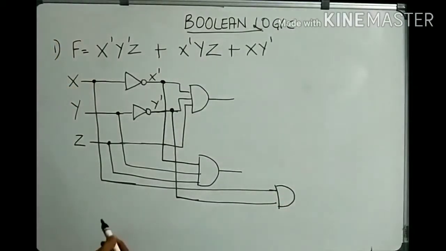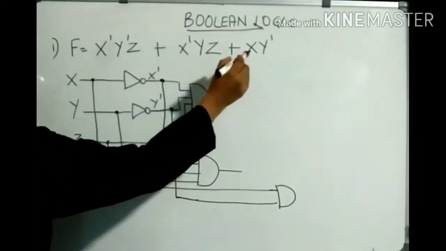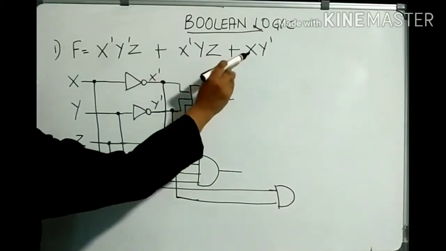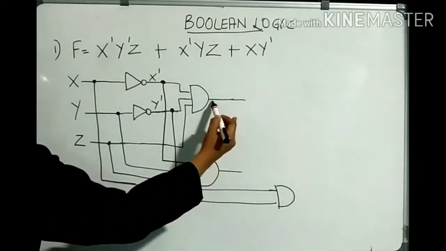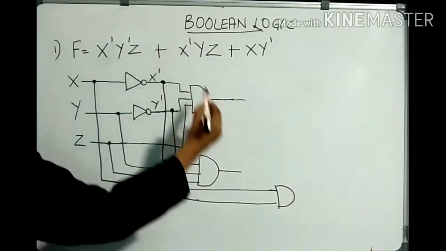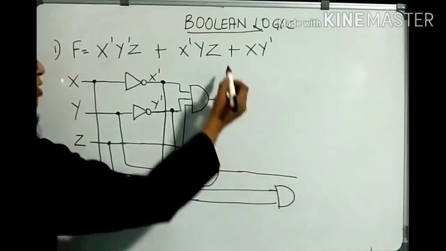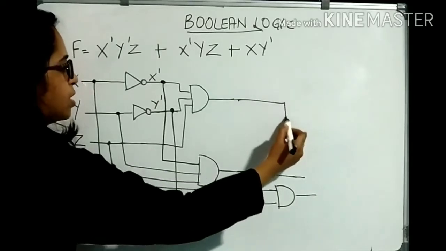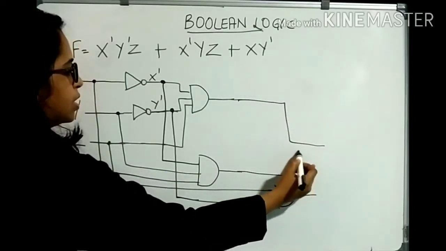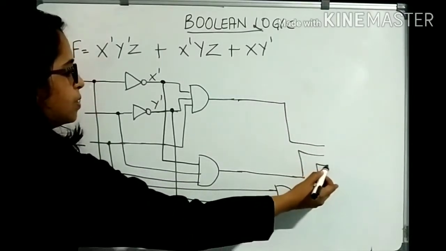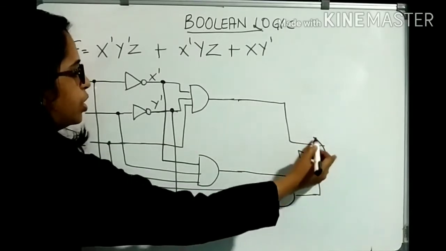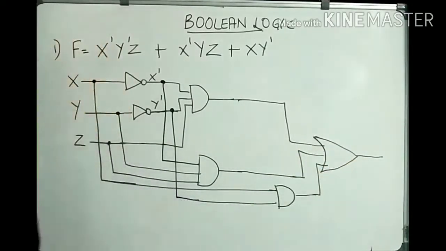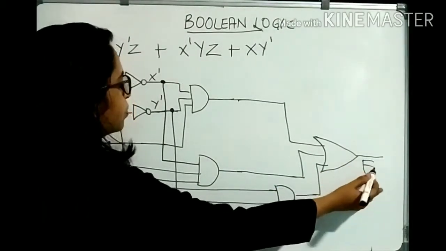What is happening to these three things? These are being ORed: this and this and this. This is the first, this is the second, and finally this is the third. So altogether I can draw it like this, make it closer, and these are being ORed with an OR gate. So this is the final output.